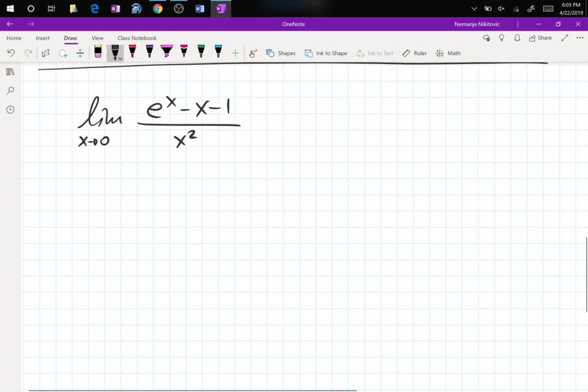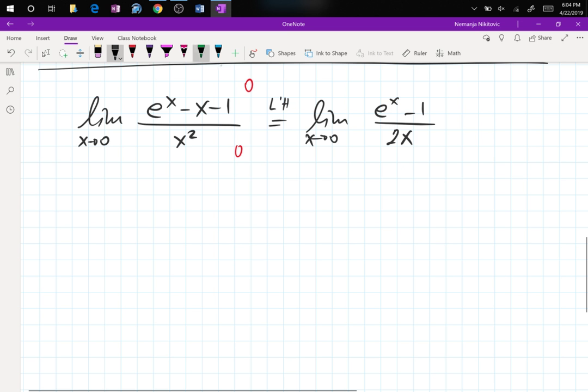So when we plug in 0, e to the 0 is 1. So 1 minus 0 minus 1 is 0, and then 0 squared is 0. So we have indeterminate form immediately. Put the L'Hopital there. Limit as x goes to 0. Derivatives: e to the x minus 1 divided by 2x. Plug in 0 again.